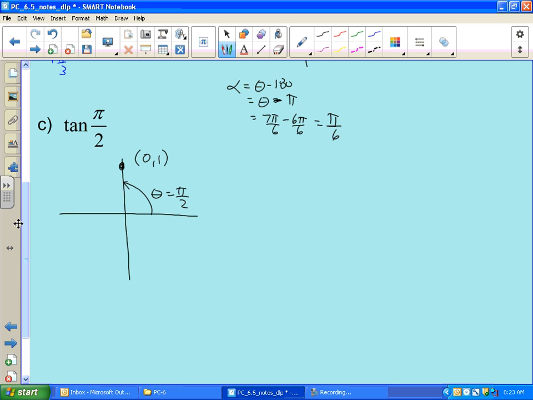We do have this for a unit circle. We do know that that coordinate is going to be a 0, 1. And therefore, if tangents have a ratio of y over x, and my y is a 1, and my x is a 0, then I know that the tangent of pi over 2 is going to have to be undefined.